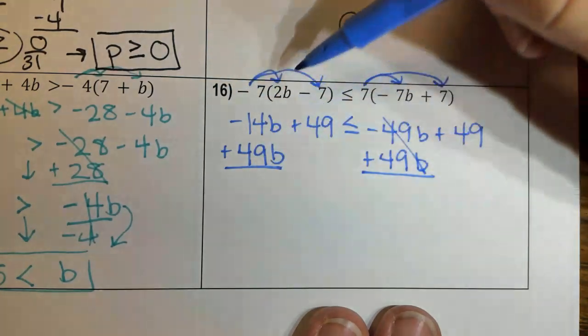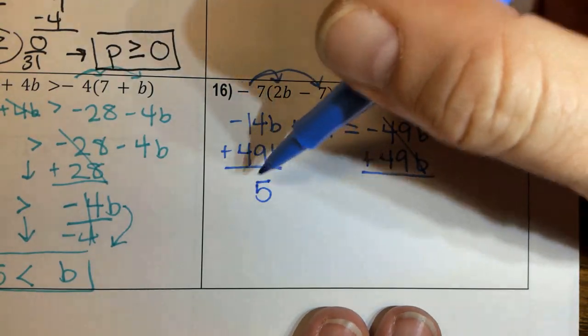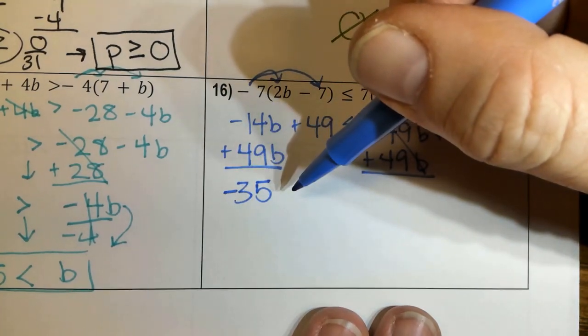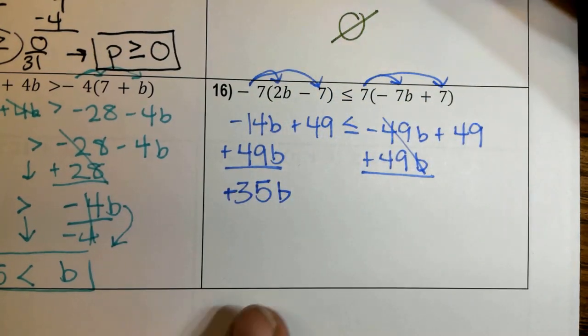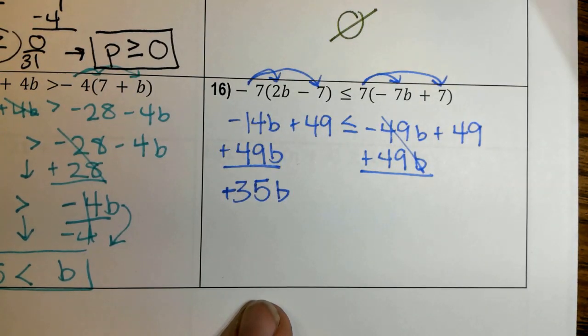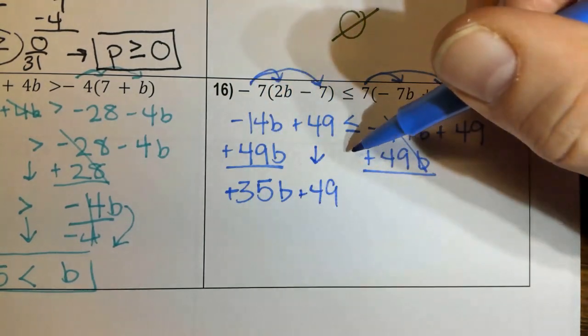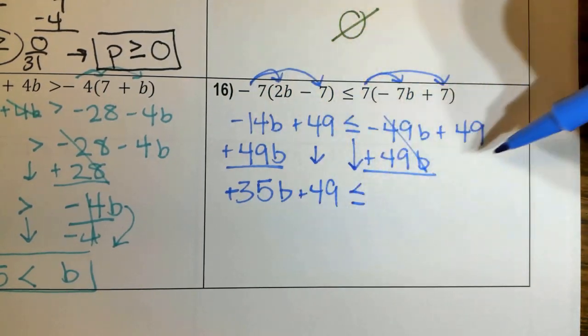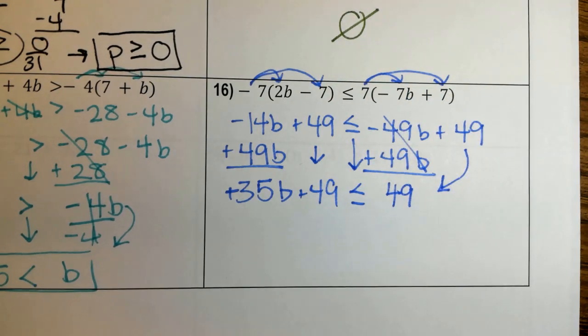That would be, oh geez, 5, 3, so negative. No, wow, positive. Who am I kidding? Okay, positive 35b. I bring down my 49. Don't forget my inequality. And I still have this 49 over here.